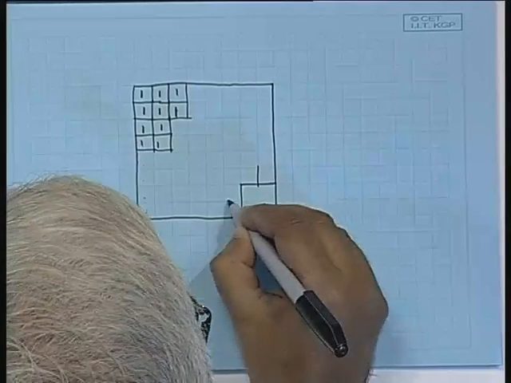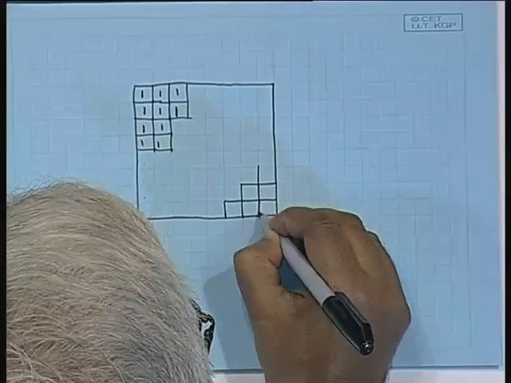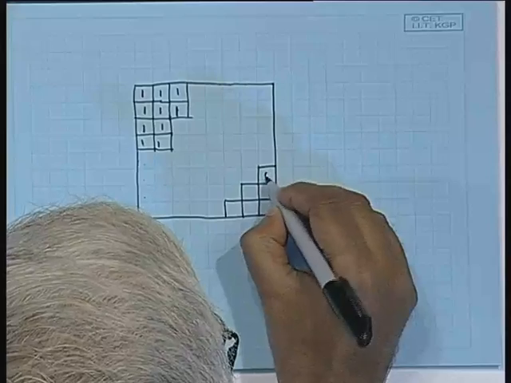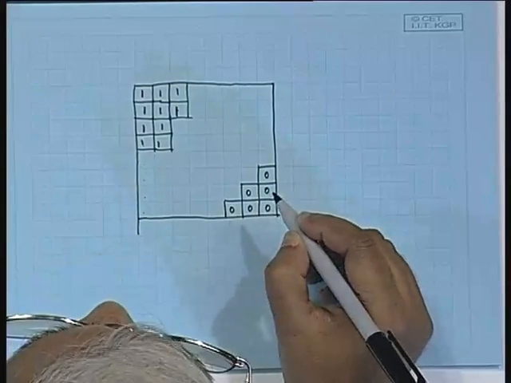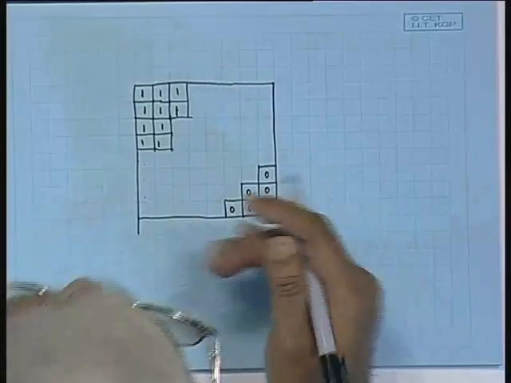Like, for example, if we consider all these coefficients, this could always be zeros, because these high frequency components will have very low variance. So, we can discard them, and in between, whatever coefficients are there, some of them can be 1s, some of them can be 0.